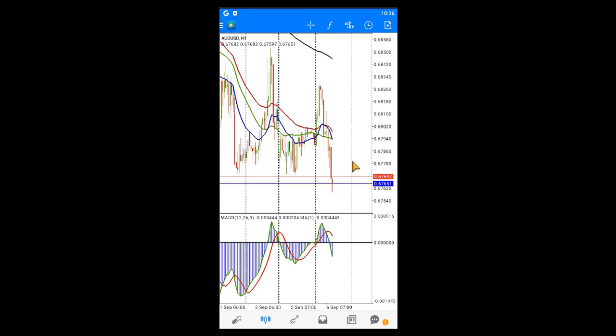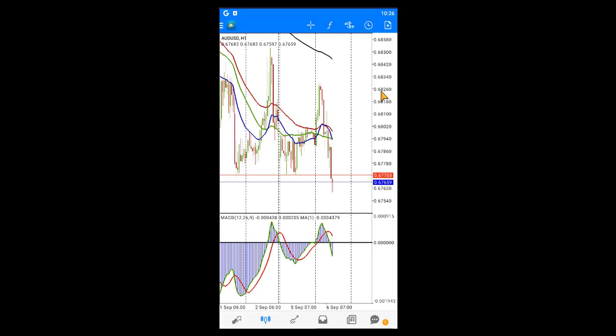But I wouldn't want to sell here, right? I want to sell at a higher price. So if this market should come up again towards this level, I would like to sell. So at that level, that will become a sell limit there at 0.68260.